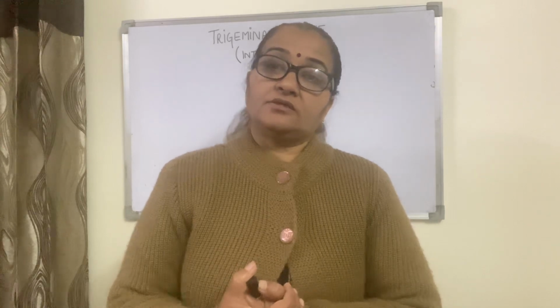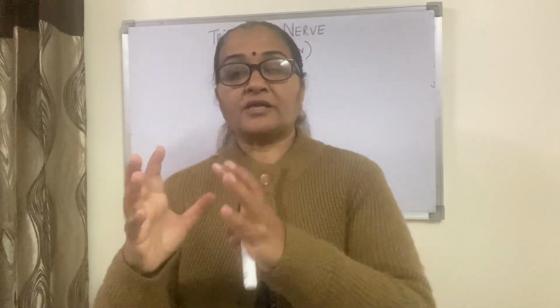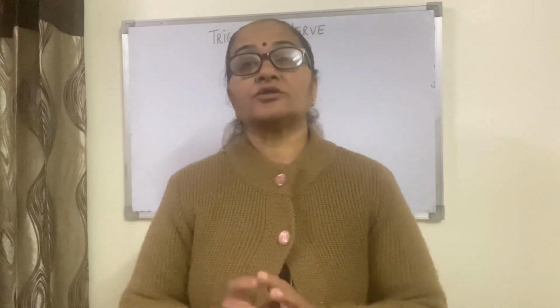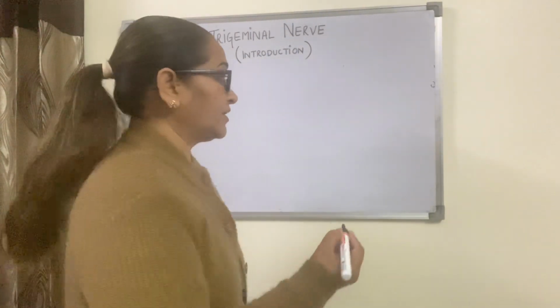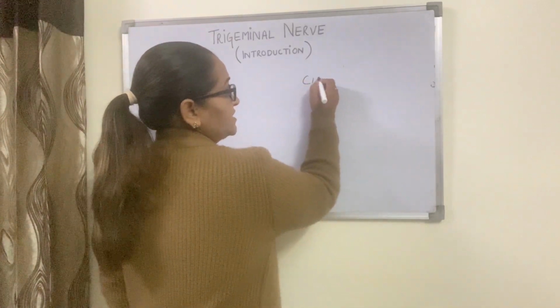Now, the important thing related with this trigeminal nerve is that the branches of the trigeminal nerve are related with certain peripheral parasympathetic ganglia. So what are those? You know there are four peripheral parasympathetic ganglia. One is the ciliary ganglion.